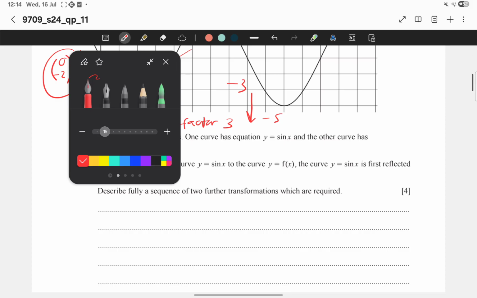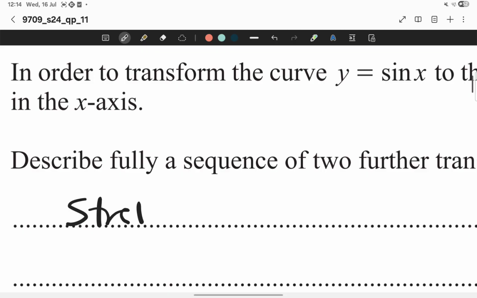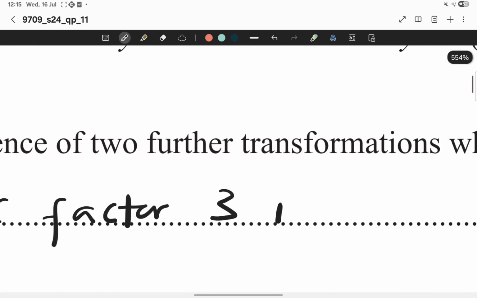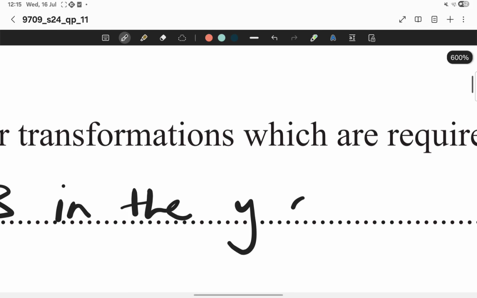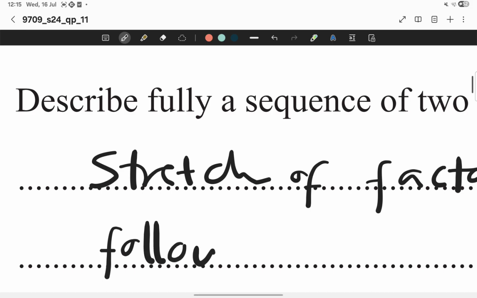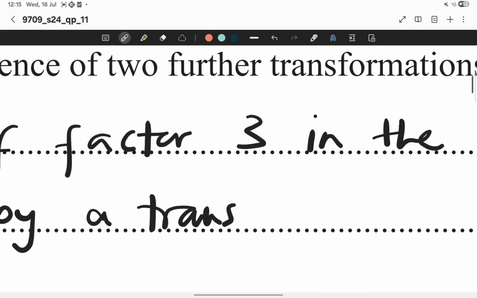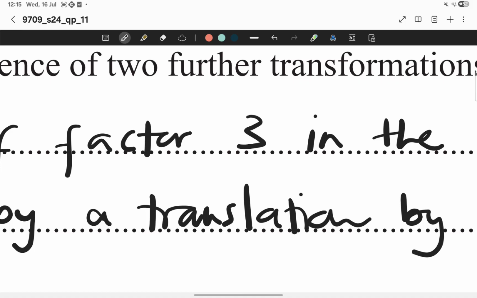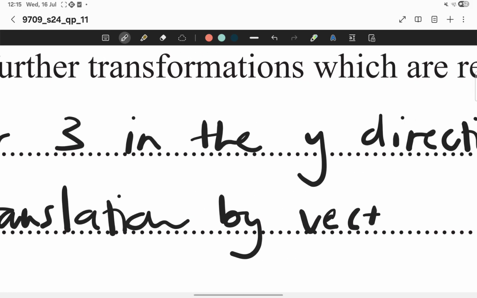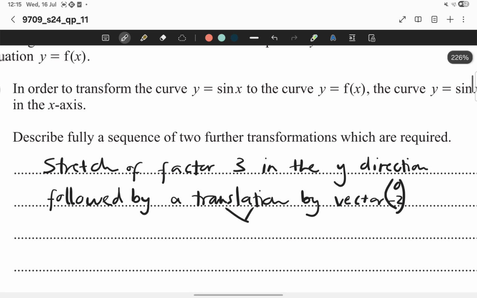So that's the order. Just going to write that. We had a stretch of vector 3 in the y direction, followed by a translation by vector 0, -2, or for this last part you can see a translation of 2 units downwards.